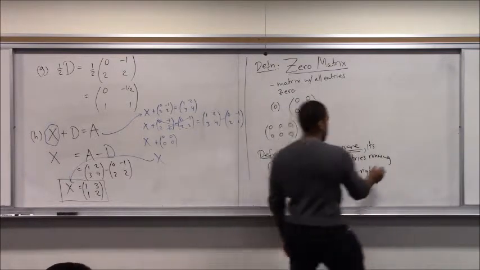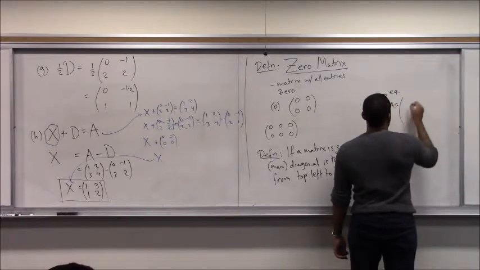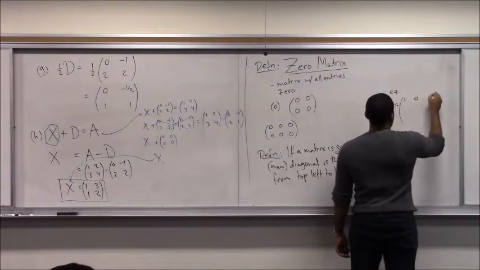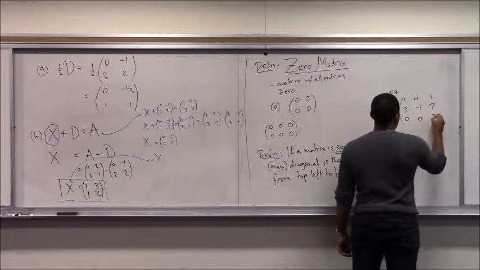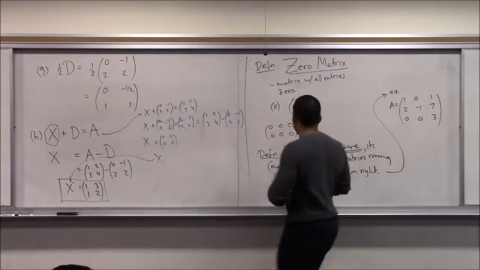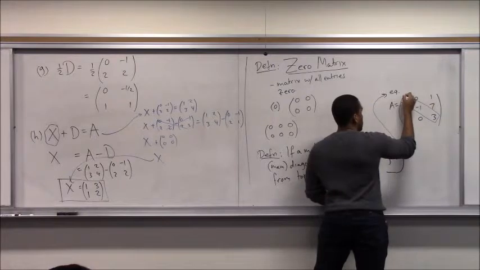Okay, so I can do an example here. Let's say my matrix A is 1, 0, 1, 2, minus 1, 7, 0, 0, 3. Then the main diagonal would be this sequence of numbers here. It runs from the top left to bottom right.